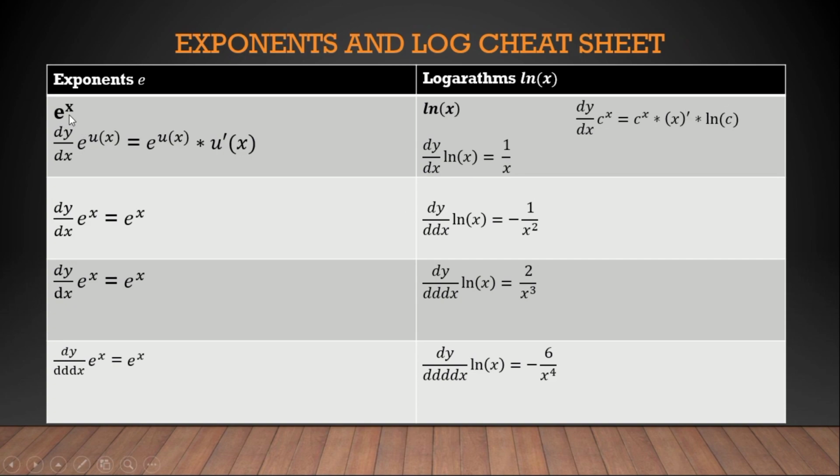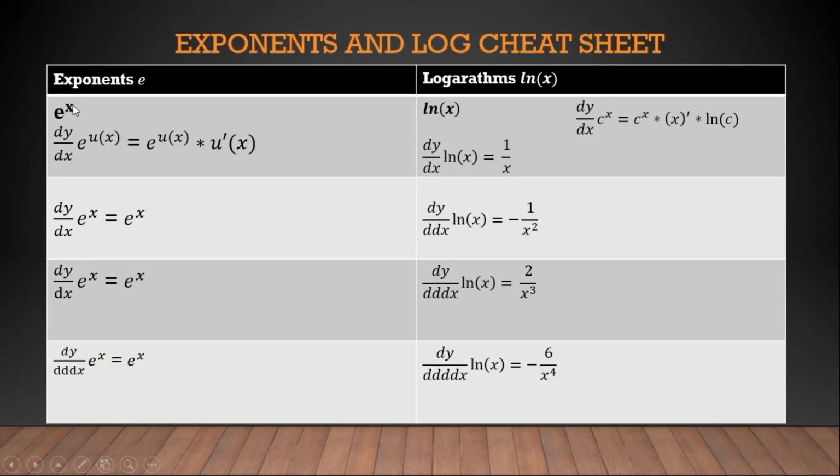So e to the power x. The derivative of this you can find by using this format. Note that this is a function on the top here, so this is u of x.